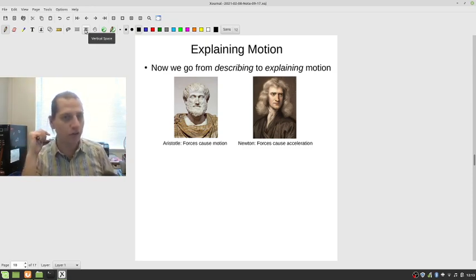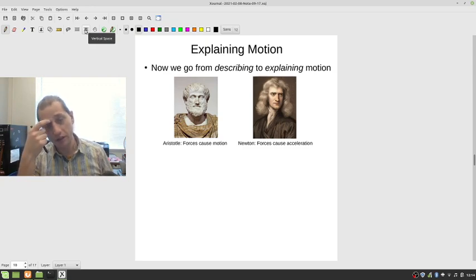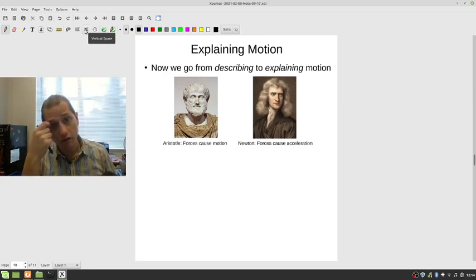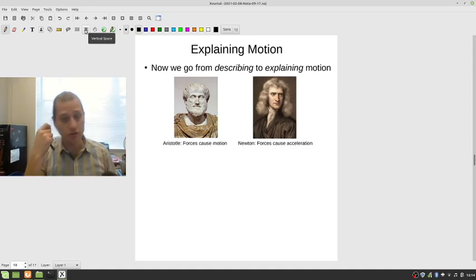Aristotle, one of the great early philosophers and pretty good scientific thinker, had the idea that forces cause motion. So the natural state of things, in Aristotle's point of view, is for things to not be moving. And if you look around the room, you say, that seems about right. So if you want to get something moving, you've got to push on it.